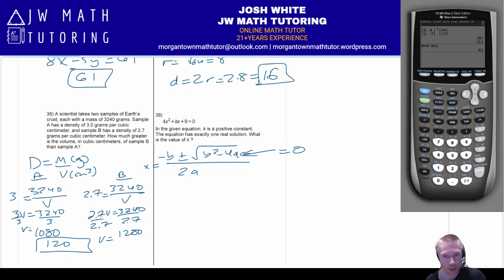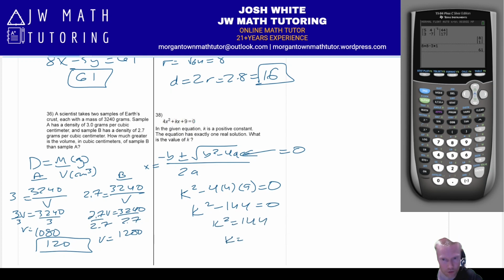So what you're going to do is plug in k for b, and then for a and c, we're just going to, of course, plug those values in, and just set it equal to 0, and you're just going to solve for k. So you end up with k squared minus 144, because 4 times 4 is 16, 16 times 9 is 144, equal to 0. K squared equals 144. K equals the square root of that.